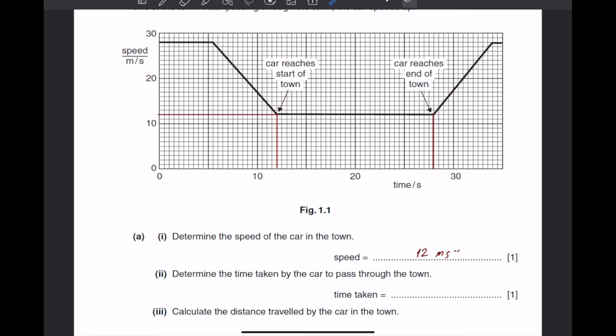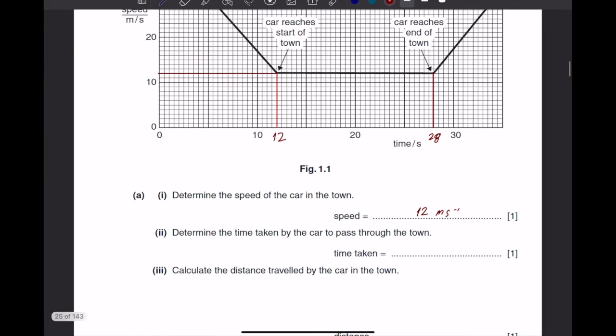If I read this time, it should be 11 and 12, so the initial time is 12 seconds. For the final time, this is 25, 26, 27, and 28, so the final time is 28 seconds. Time in the town is the difference of these two times, so 28 minus 12 gives 16 seconds.